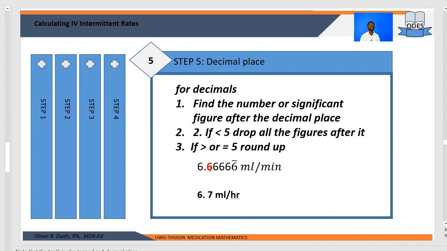And so we are going to round this up to 7. Therefore, our final answer is going to be 6.7 milliliters per minute. That will be our final answer.